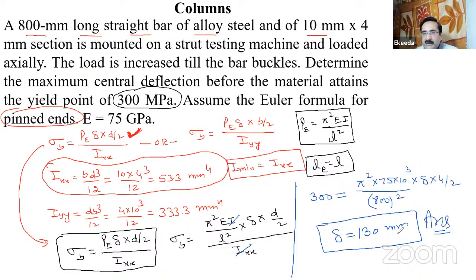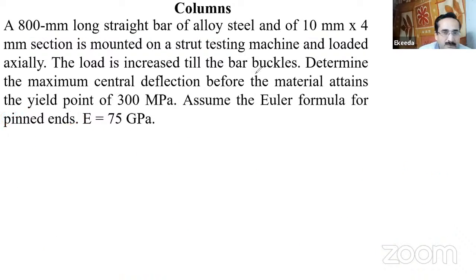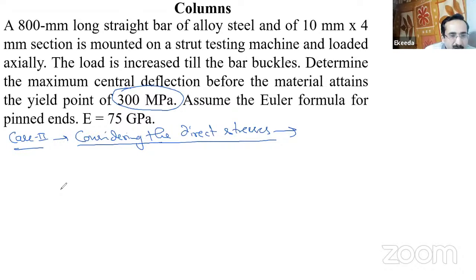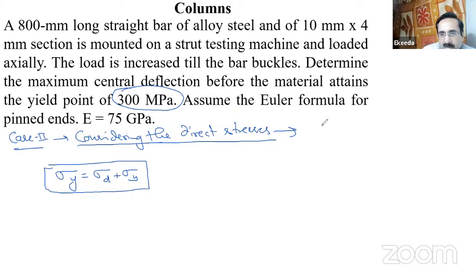But what if we consider the direct stresses also? If we consider the direct stresses also, so in case 2, considering the direct stresses, then the yield stress sigma y will be equal to the direct stress plus bending stresses, both stresses, right?